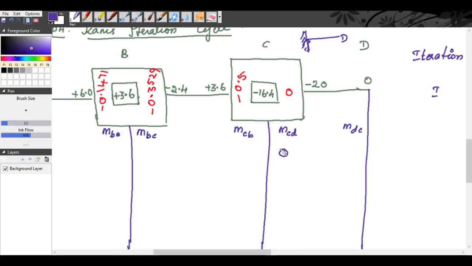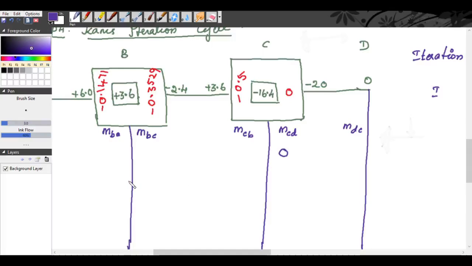The reason is, this is the fixed end of a cantilever. Even though this C is a simple support, when it behaves as an overhang, it should be considered as a fixed support. That is why while determining our distribution factors also, we considered C as a fixed support, the far end as fixed because it is an overhang.